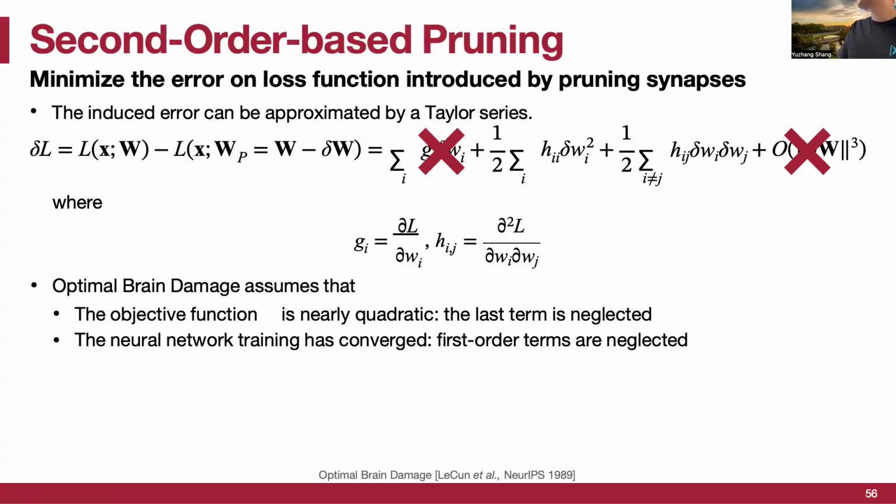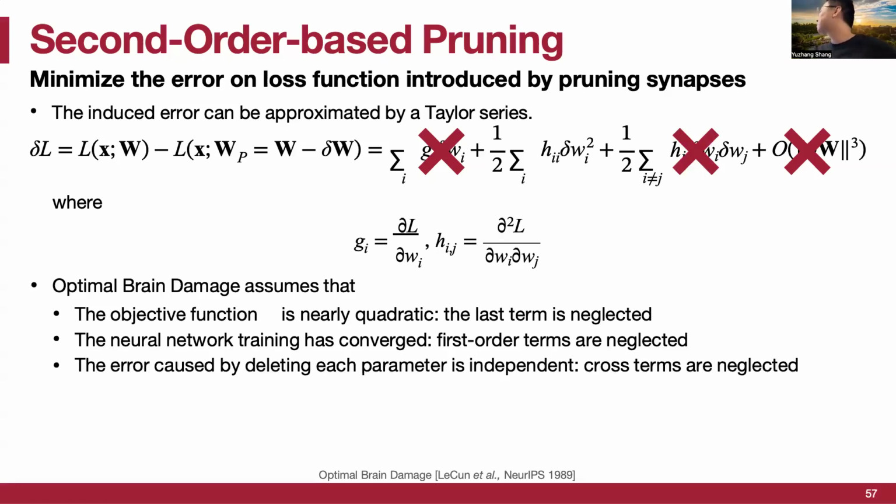And the third assumption in this work is that the error caused by deleting each parameter is independent. So basically, the cross term can also be neglected, like this term, because deleting each parameter is independent, so this term can also be neglected.